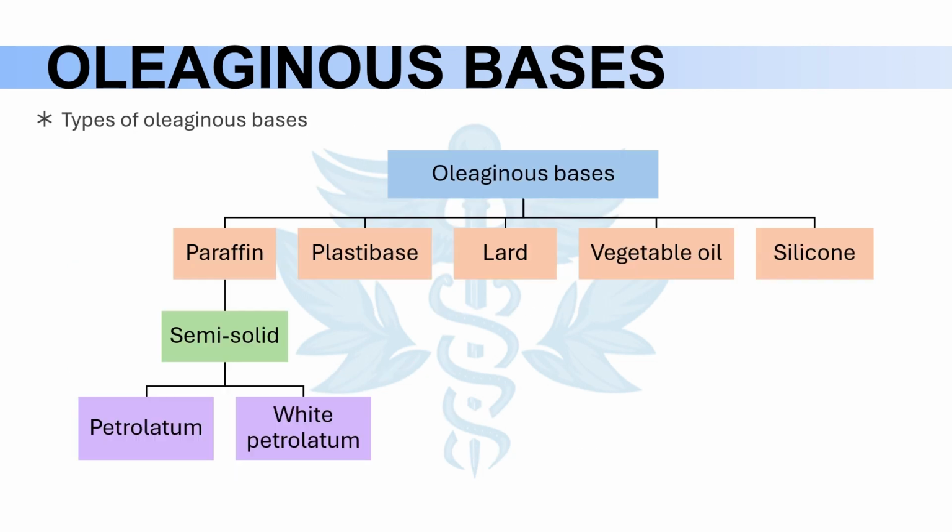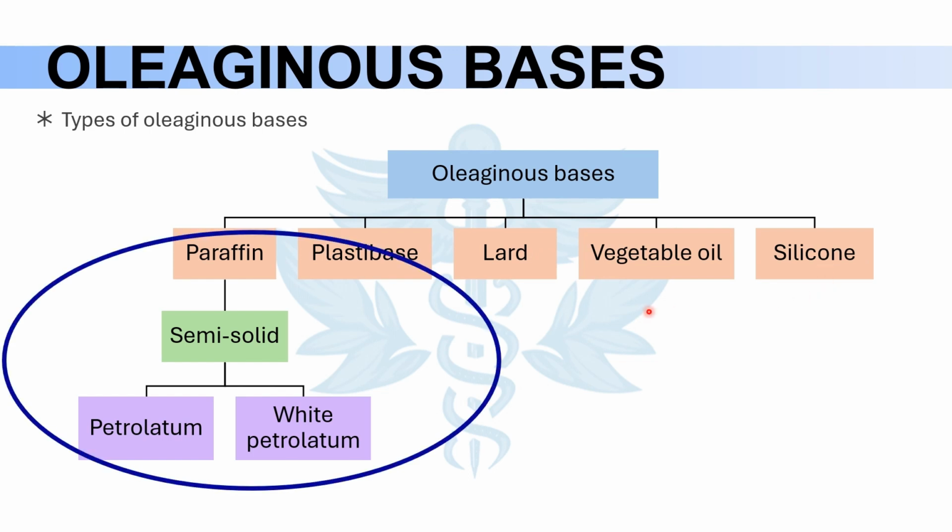Right, so now that we've understood the general properties of oleaginous bases, we have 5 types of oleaginous bases we're going to discuss: paraffins, Plastibase, lards, vegetable oils, and silicon. And we are going to begin with paraffins. Under paraffins, we have two types of semi-solid paraffins, petrolatum and white petrolatum.